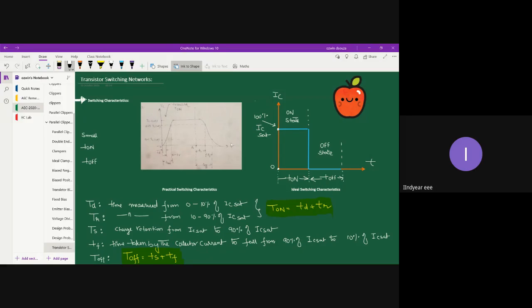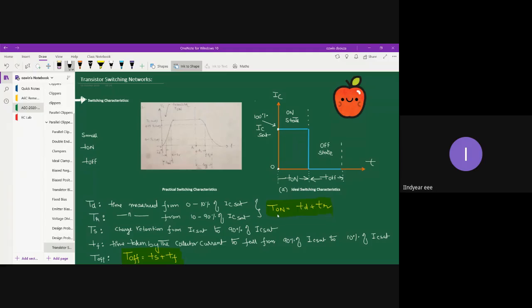Now, to understand the concept of a switching transistor, first we need to understand the characteristics: what exactly the ideal switching characteristics are all about and what the practical switching characteristics are all about. First, let us consider the ideal switching characteristics.